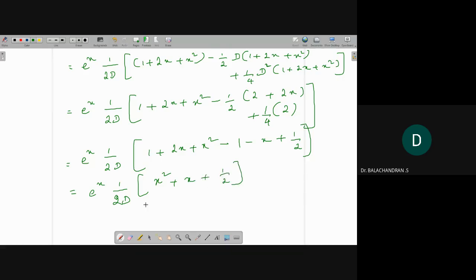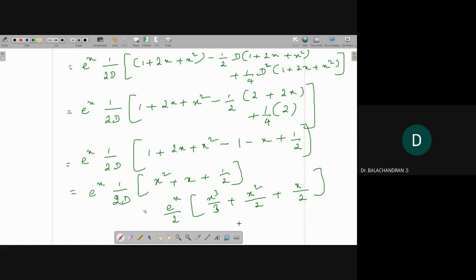So now you should integrate e power x by 2. If you integrate, you'll get x cube by 3 plus x square by 2 plus x by 2. So you can take x commonly.